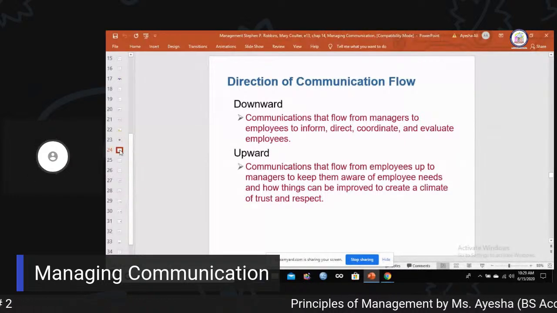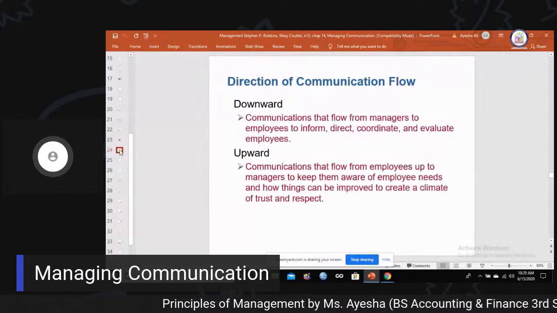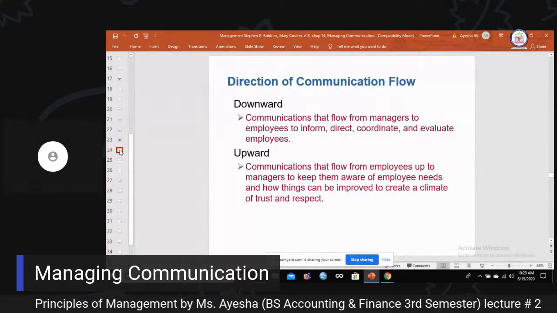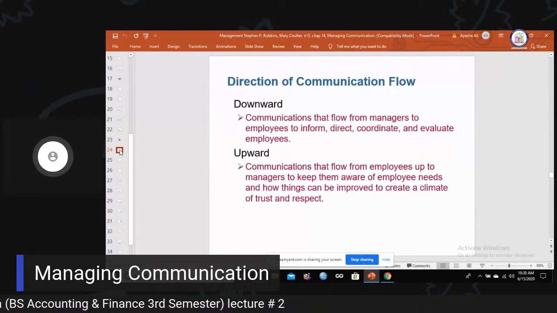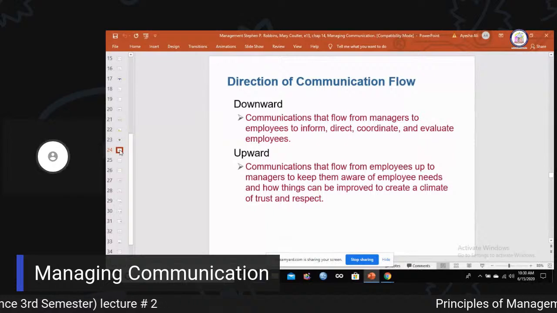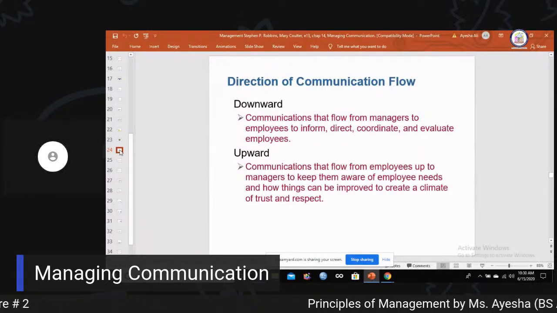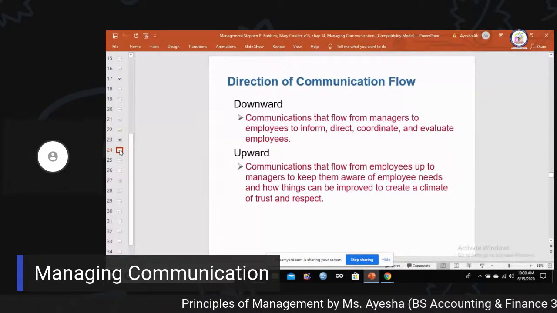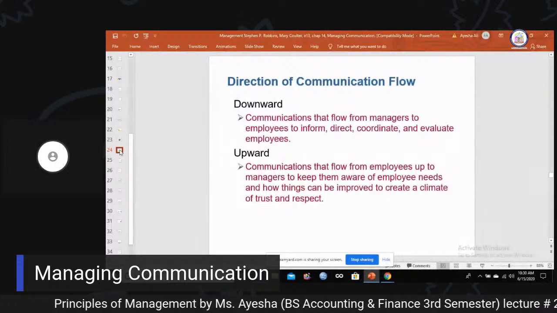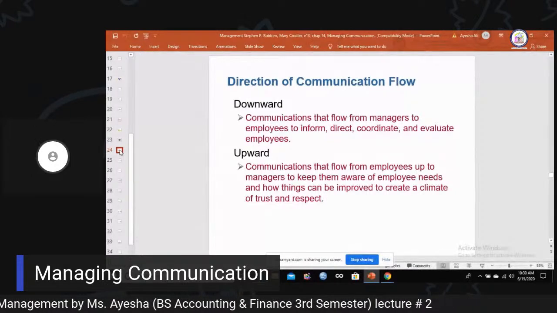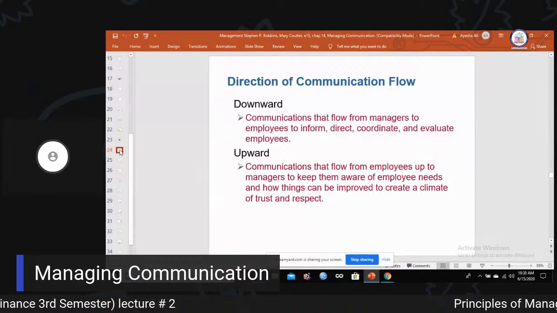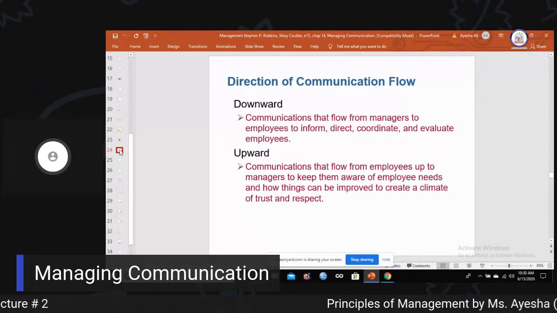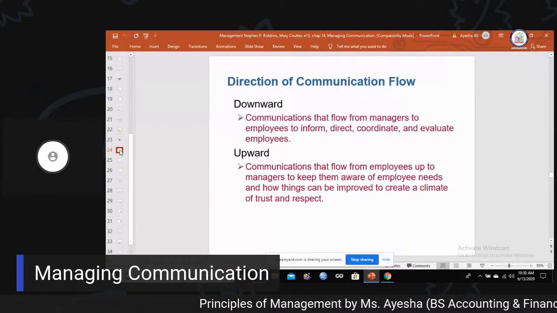So Michelle discussed this problem with her boss, and she told him to rotate the tables. The boss agreed with that. So this is the benefit of upward communication. If we discuss with our bosses, it solves our problems, our issues which we are facing during work.